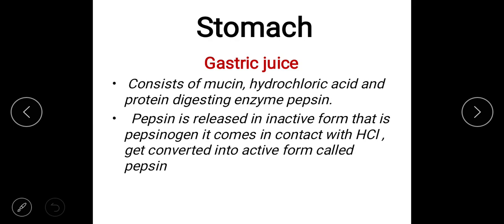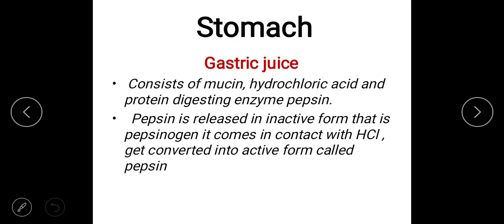What is the composition of the gastric juice? Composition means what does it contain? It consists of mucin, again the mucus, hydrochloric acid, as well as the protein digesting enzyme known as pepsin. Remember, this protein digesting enzyme is not released in active form. Suppose it is released in active form, what will happen?